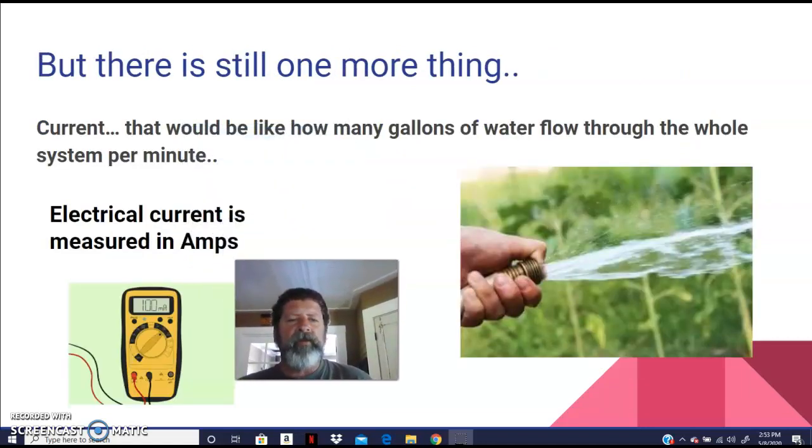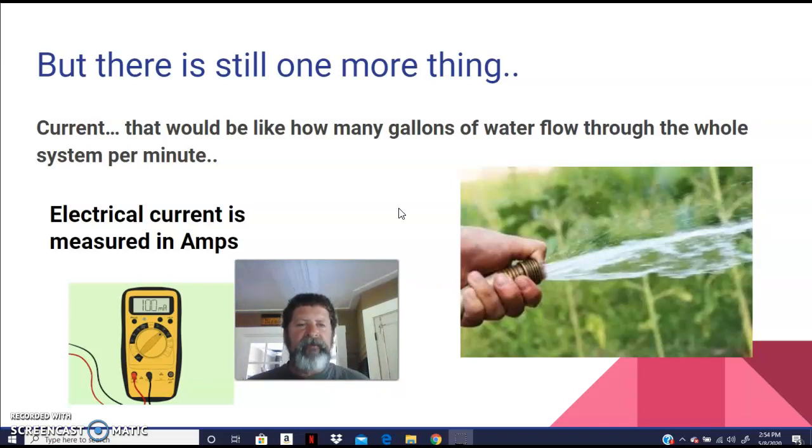Okay, there's one more thing to talk about, and that would be like the equivalent of, if you're looking at a home and the water analogy, how many gallons per minute is provided to that home? So how many gallons per minute maybe come out of that well, or does the city water provide? Well, in the case of electricity, how much electricity is passing by that particular area at a given time, and that's going to be referred to as amps.